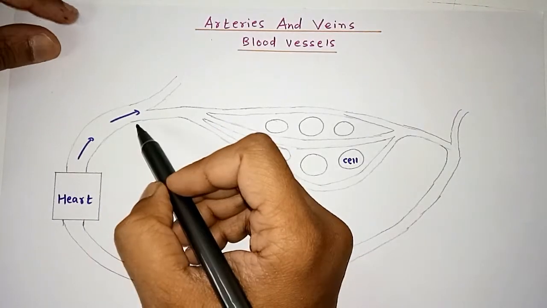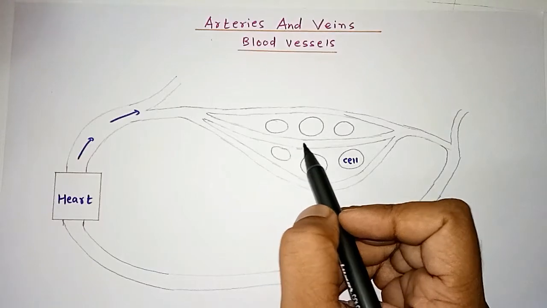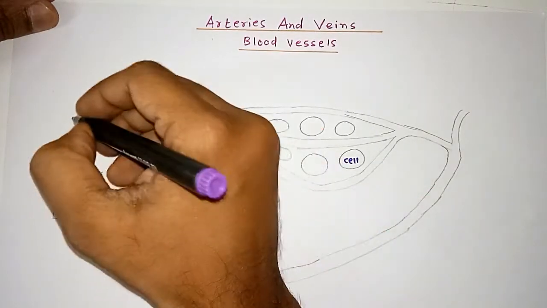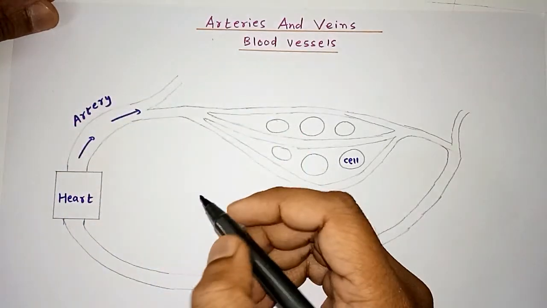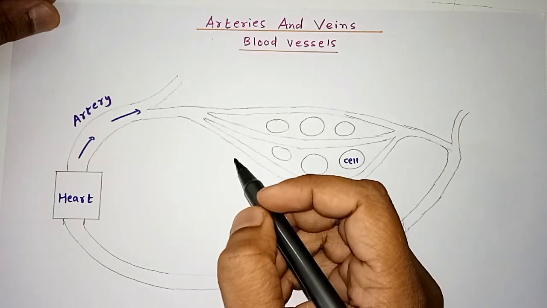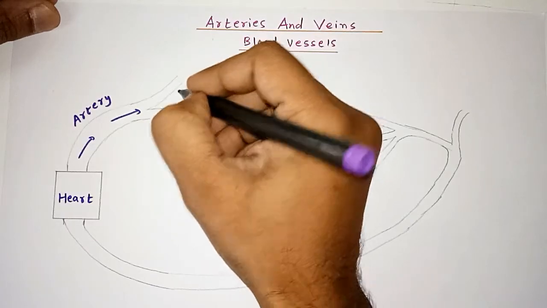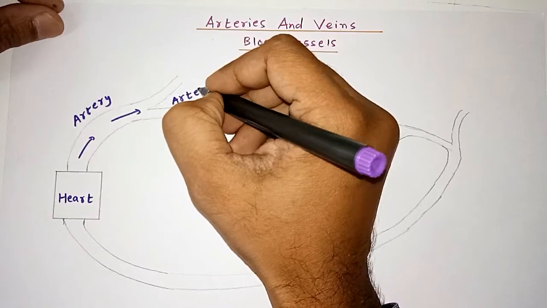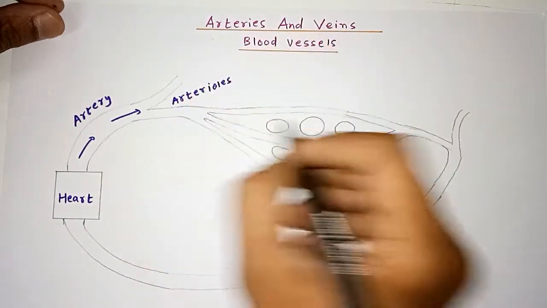Now arteries are quite big, so arteries cannot reach directly to the human organ. So arteries actually split up. So this is an artery, and arteries split up into smaller branches called arterioles. So this is an arteriole.